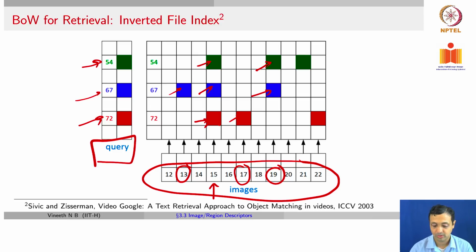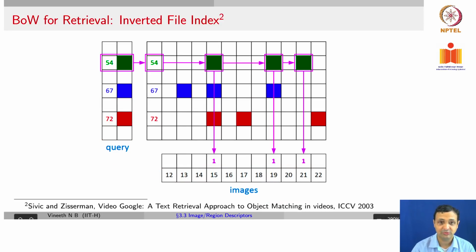Now what do you do? So you take one of these visual words which was occurring in your query image and you try to see which of your repository images also had that particular visual word, and you add a count for that particular image. Similarly, 19 would get a count of 1, 21 would get a count of 1 for these images.